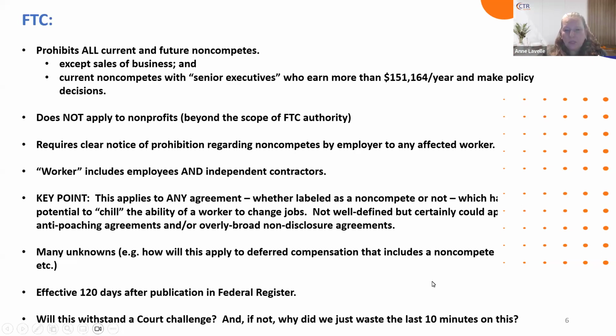I think this is important though, even if this does not withstand a court challenge. The reason people think it won't withstand a court challenge is because traditionally the FTC has never been involved in any type of employee issue. They've never tried to regulate an employment relationship. It's a major issue. It's questionable whether they have authority to do that under their enabling statute from Congress.